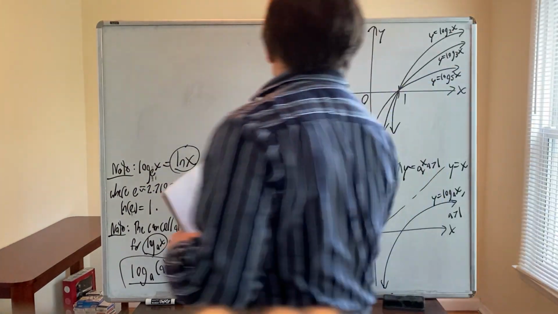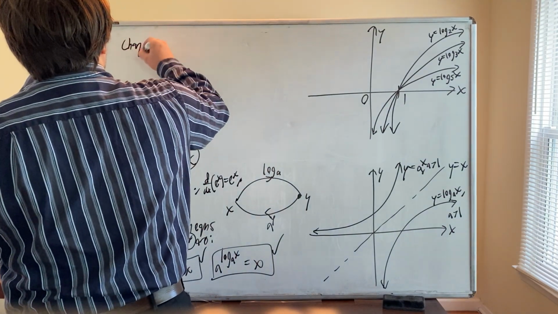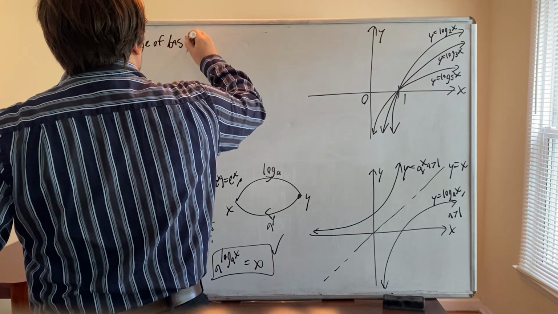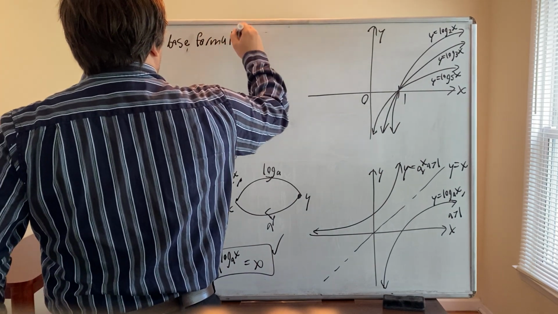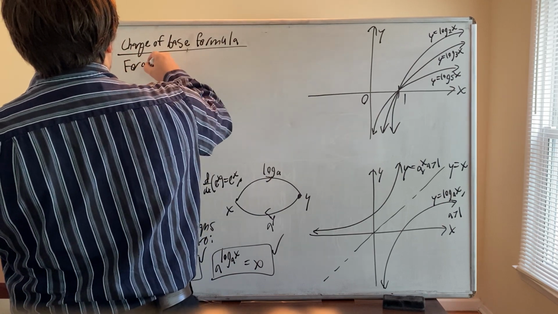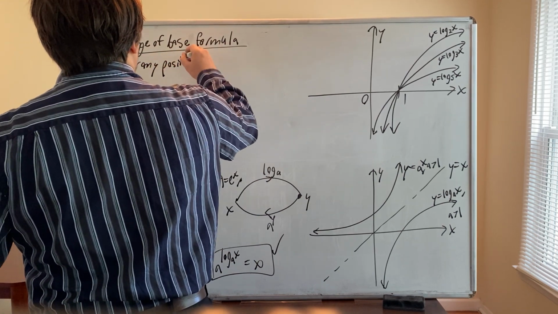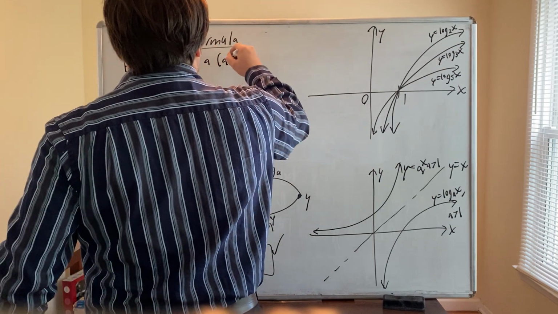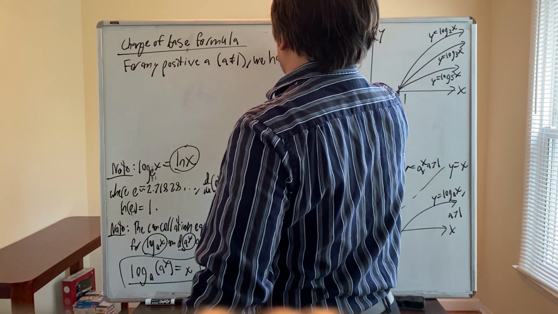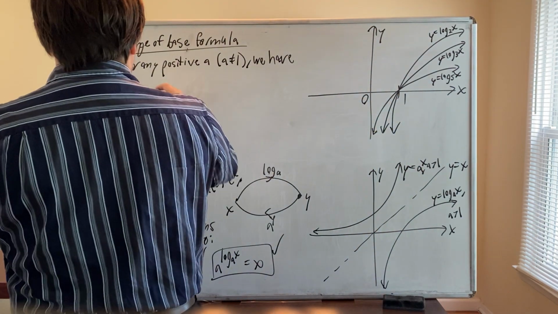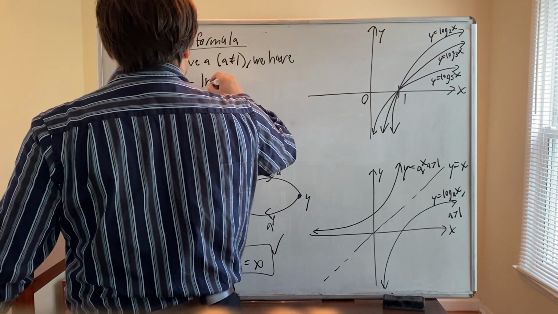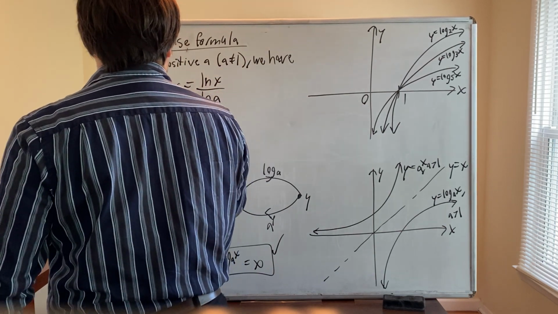Also, there's the change of base formula. For any positive a, where a does not equal 1, we have that log base a of x is equal to ln of x over ln of a.